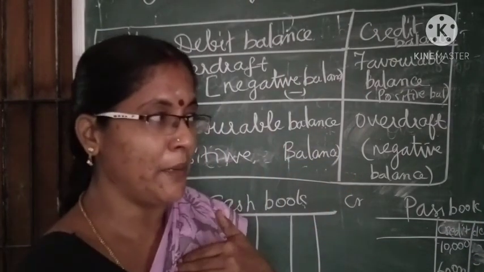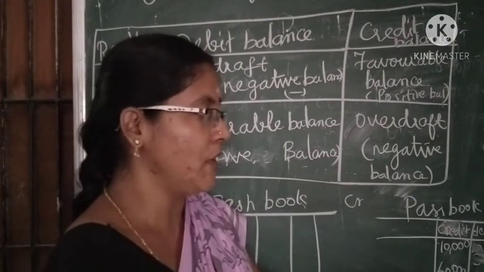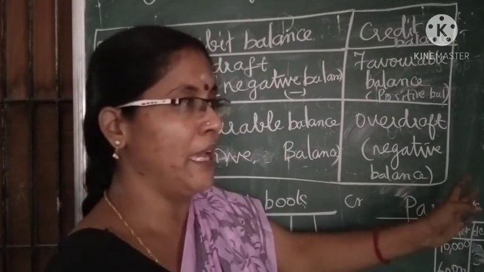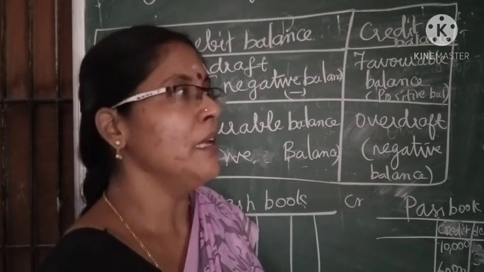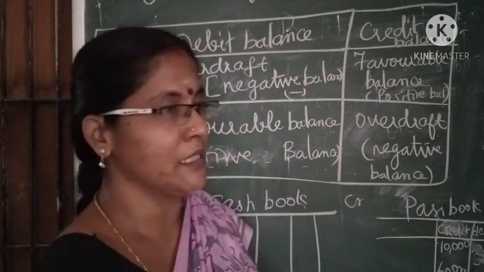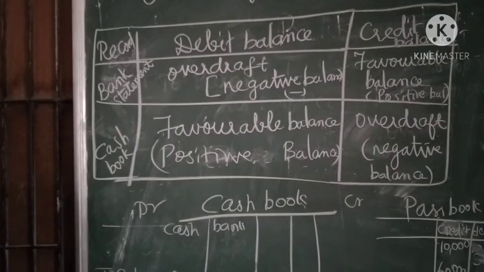They are giving the money to us, isn't it? So as far as bank is concerned, bank is a debtor for a business concern. We are a creditor for a bank. Are you clear, girls? Are you clear? So as far as the bank is concerned, bank is a debtor for the business concern and the customer is a creditor for the bank.